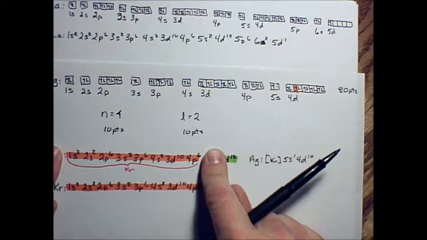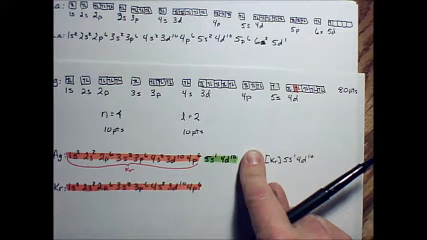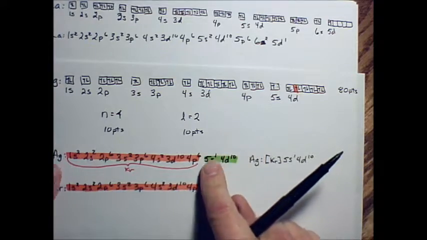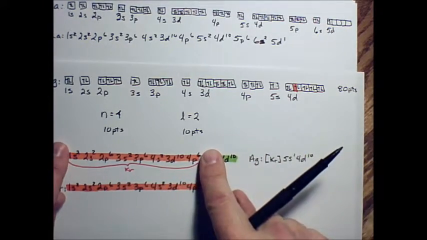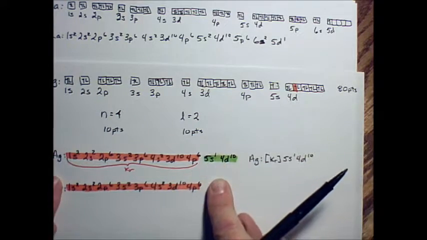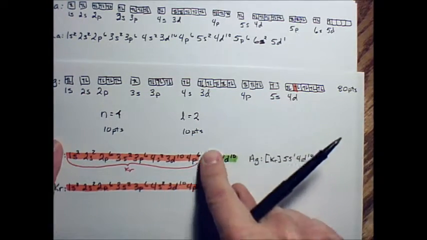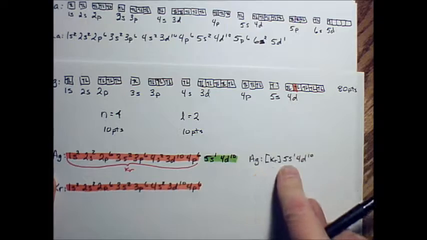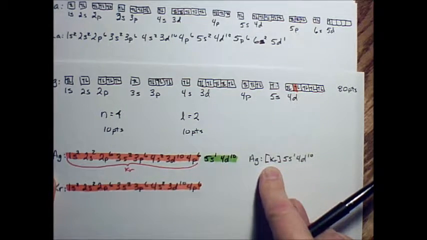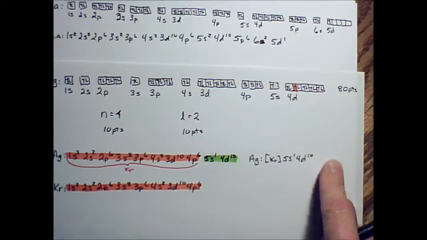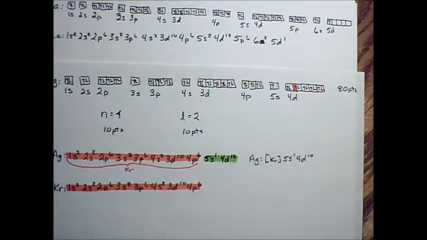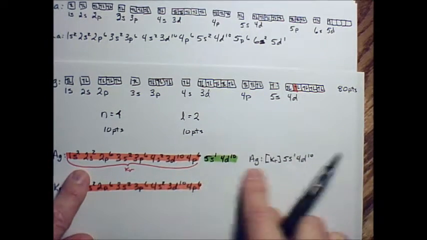So since that's the case, we condense this long electron configuration and replace this part of it with the symbol for krypton, because that's the configuration for krypton right there. By replacing it with that Kr symbol in a bracket, we just show the part that really matters in bonding. You have to be able to do both of these.